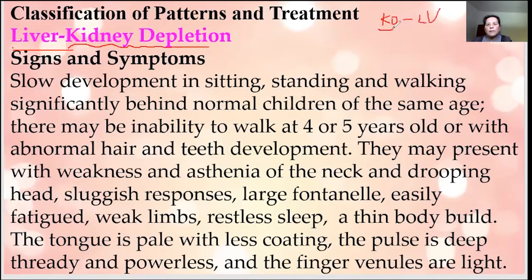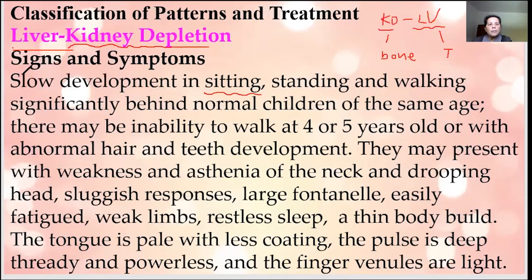Kidney deficiency pretty easily causes liver deficiency, so we put them together here. The kidney controls the bone, and the liver controls the tendons. So people have walking problems and sitting problems. That's related to the bones and tendons, and certainly to the muscles.